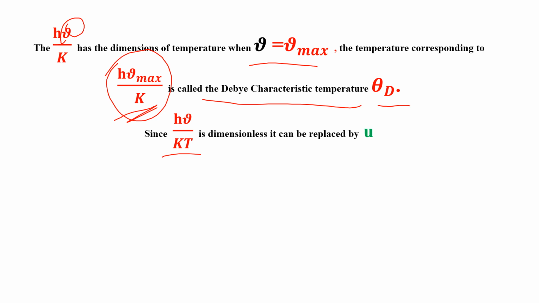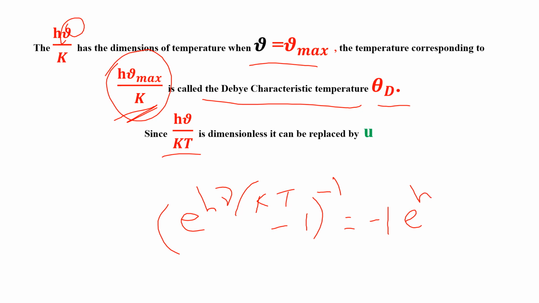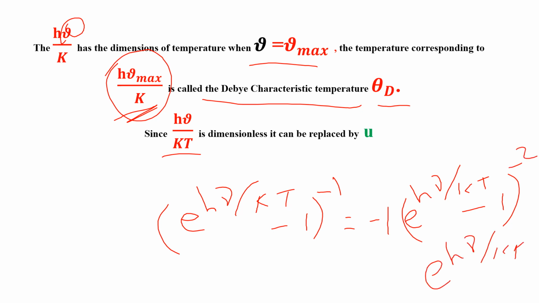So e power h nu by kt minus 1 is differentiated as minus 1 times e power h nu by kt minus 1 whole power minus 2, into e power h nu by kt.